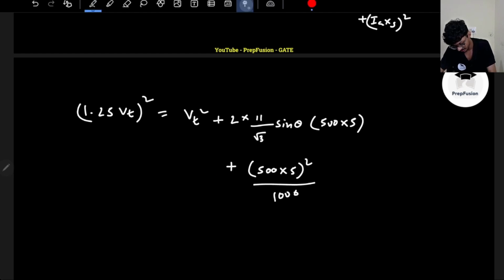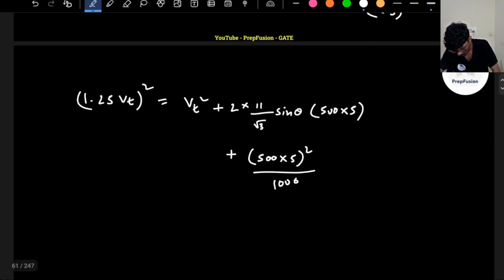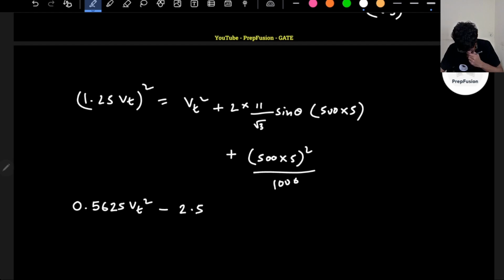So this Vt square will go here. This will be 1.25 whole square minus 1, which is 0.5625 Vt square, minus this value: 25 into 10 raised to power 4, basically 625 into 10 raised to power 4 divided by 1000.